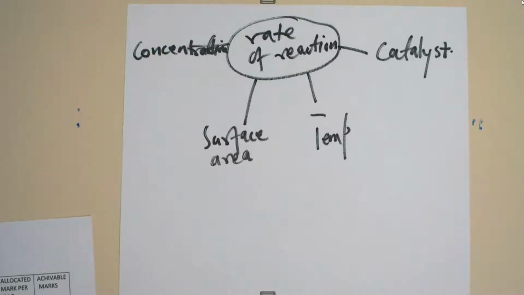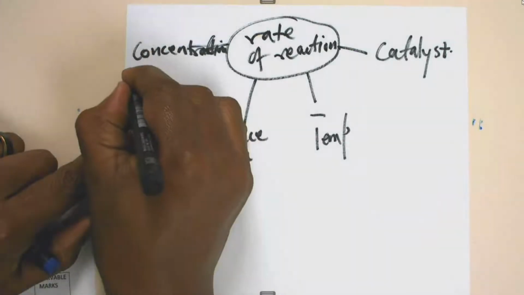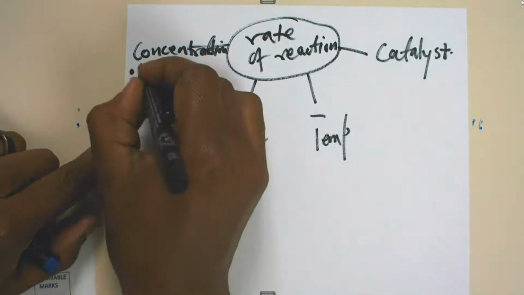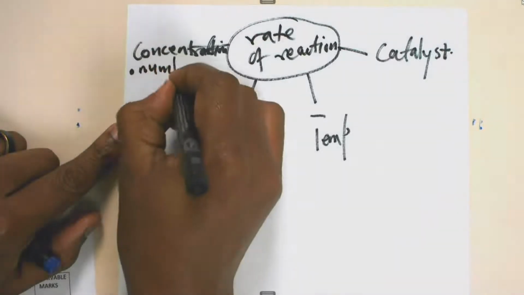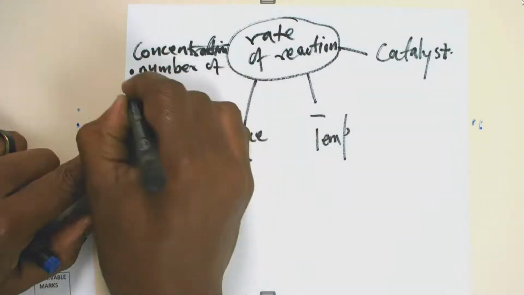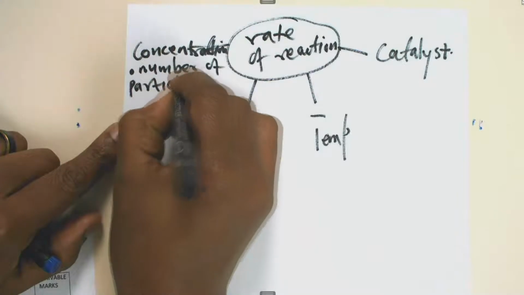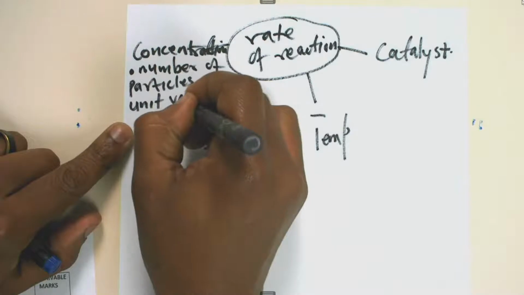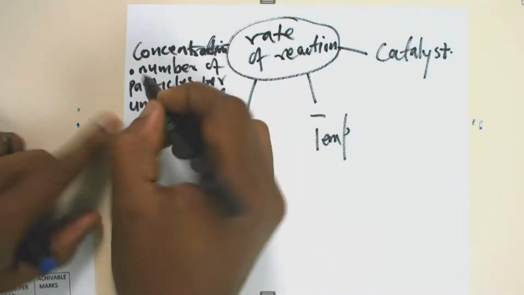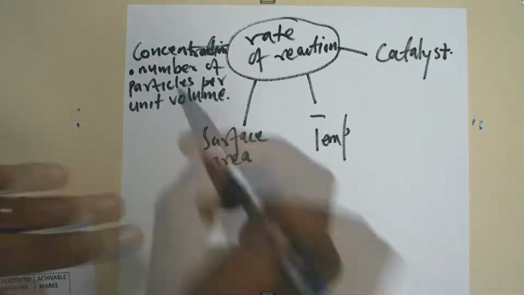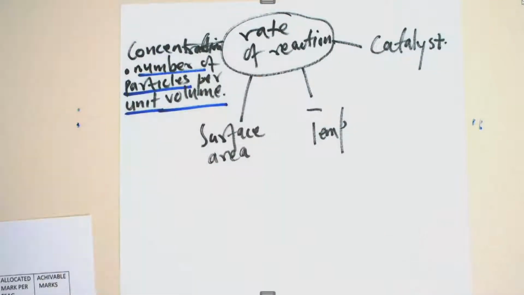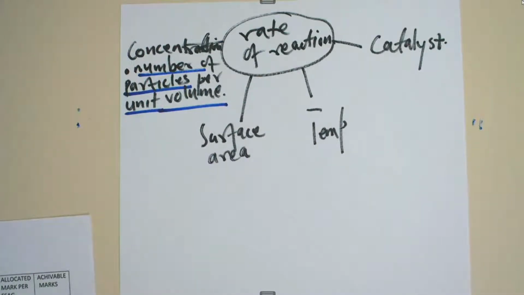So with that being said, if I am changing concentration, what is it that I am changing? Basically, I am changing the number of particles per unit volume. Number of particles per unit volume. This is key. And when I apply now the collision theory, it's something that I am going to focus more on.